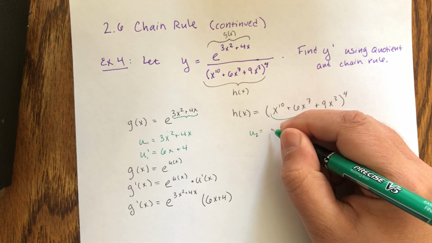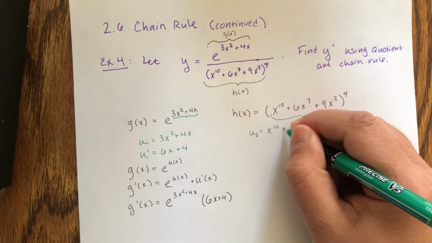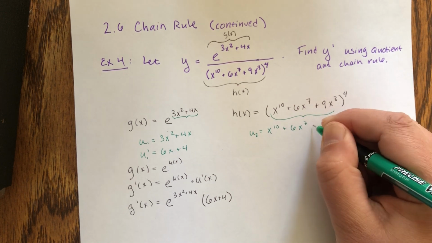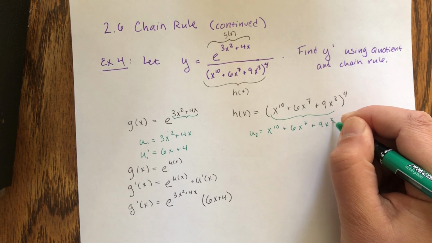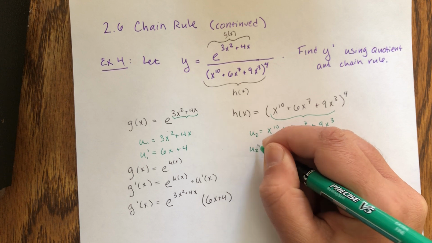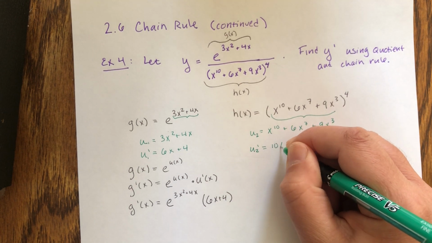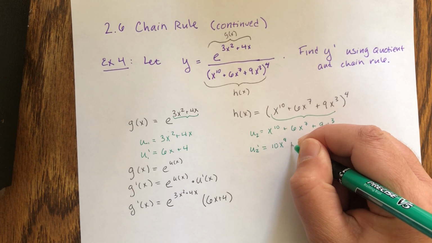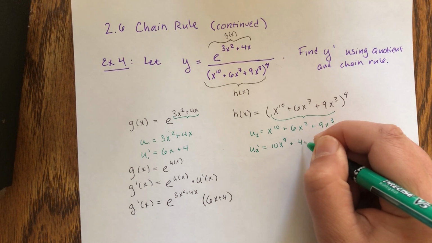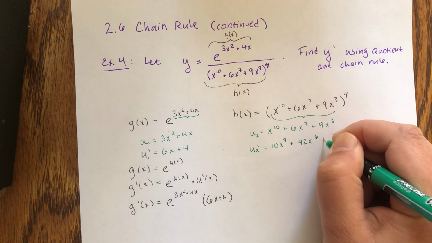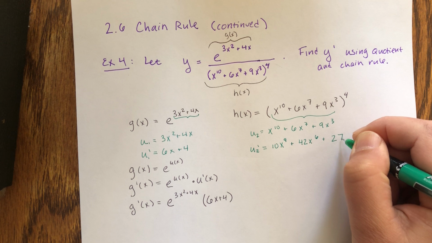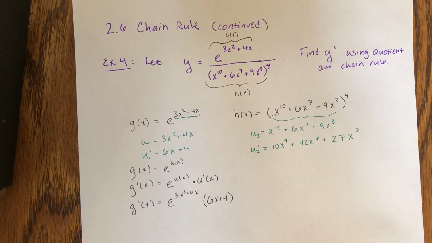Okay, so u2 is the function x to the 10 plus 6x to the 7 plus 9x cubed. The derivative of that would be 10x to the 9th power plus 6 times 7 is 42x to the 6th power plus 9 times 3, that's 27x to the 2nd power.